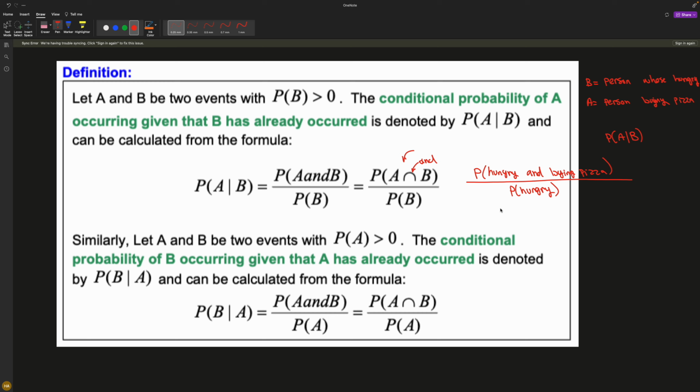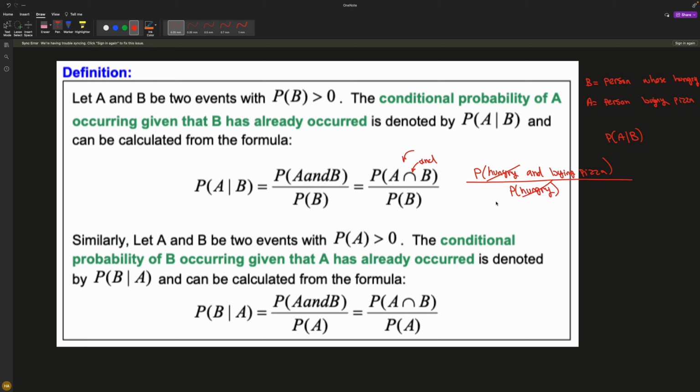Then we divide it by everybody that's hungry. You can think about it like this cancels out, so it gives you the probability of A, assuming B happened. Okay? I hope that explains it.